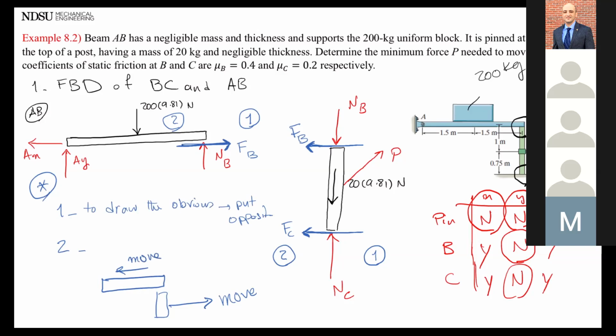So they have relative motion. Based on that, you also see it makes sense. On this beam, the movement is to the left, and therefore it makes sense to have the force of friction going opposite direction. So I'll let you guys think about it for a second.